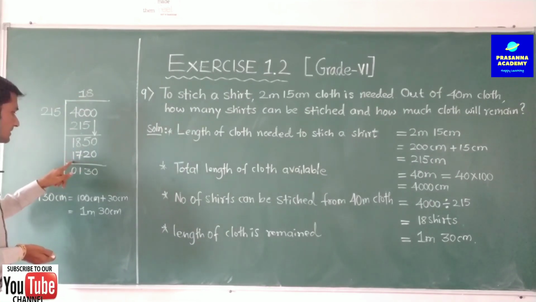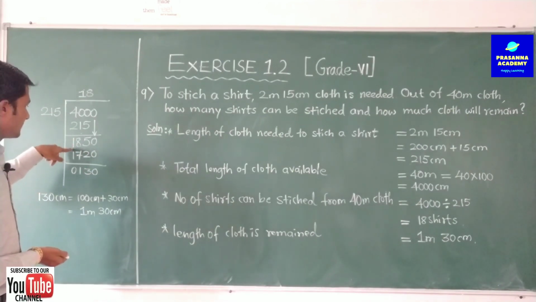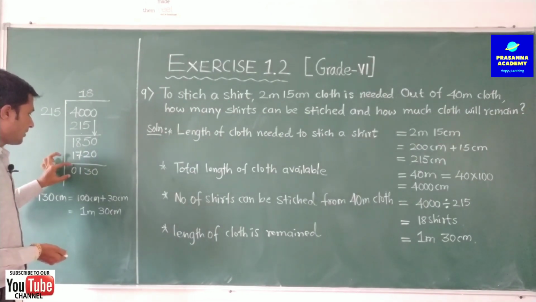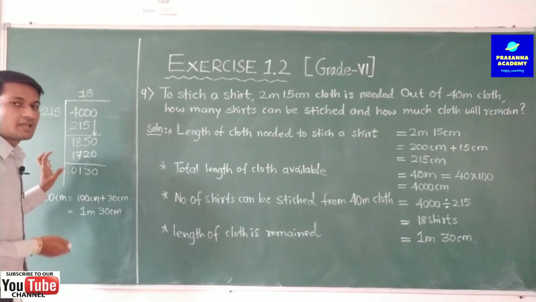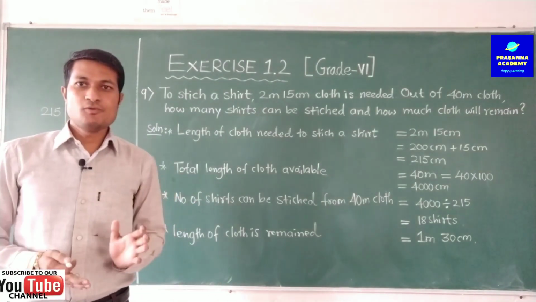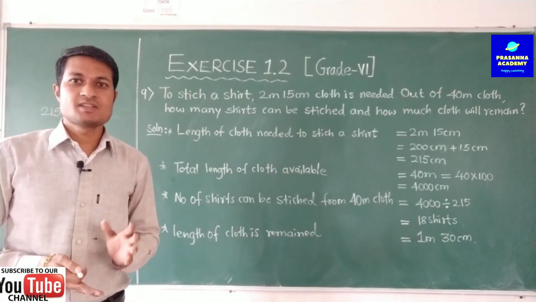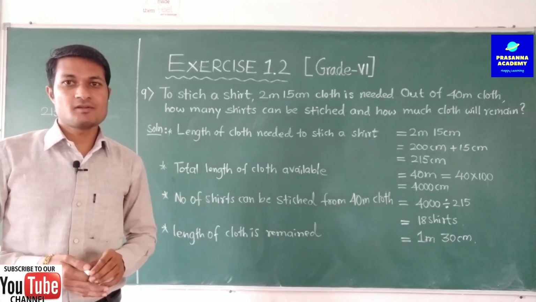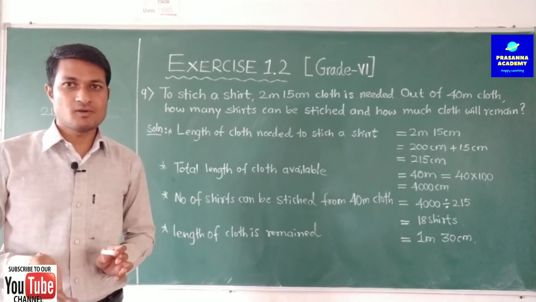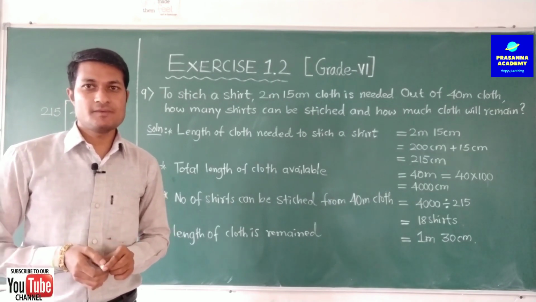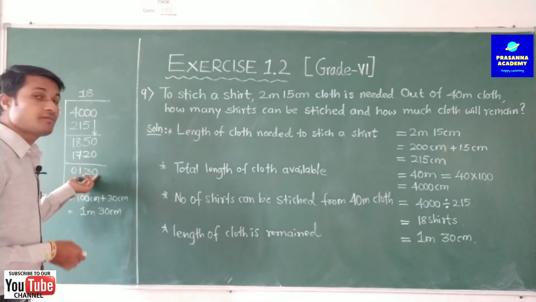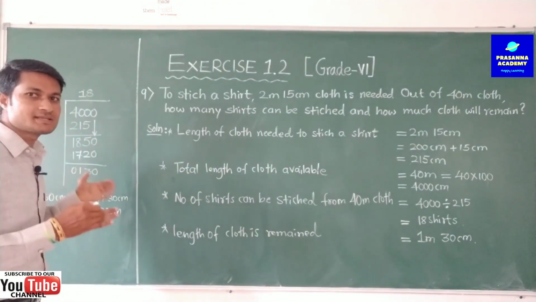So I subtract this 1720 from 1850, and now I got the remainder as 130. It means if you stitch shirts from the 40 meter length of cloth, you will end up with 130 centimeter of cloth, meaning this much cloth is remaining.